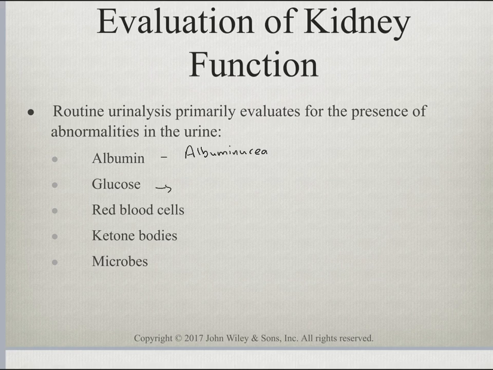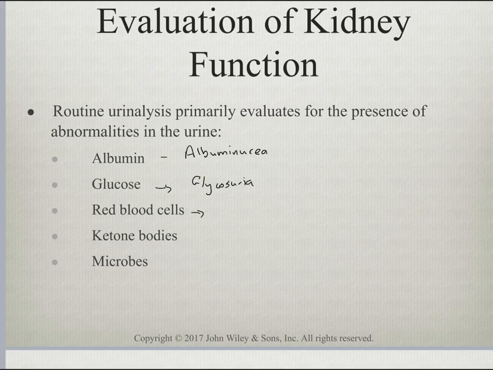We talked about glucose being pushed through the glomerulus, but then being reabsorbed 100% in the proximal convoluted tubule. But then we also alluded to the fact of people with diabetes, that there is way too much sugar in their blood that cannot possibly be reabsorbed in its entirety. So what we get is glucose in your urine. The condition is called glycosuria.